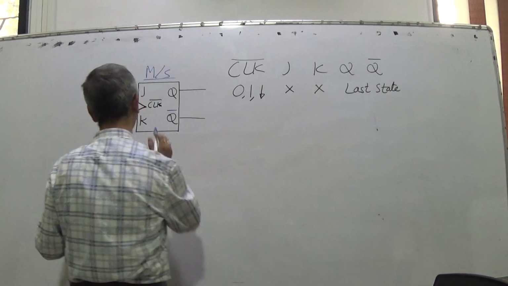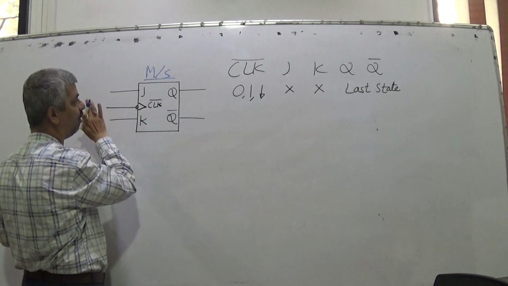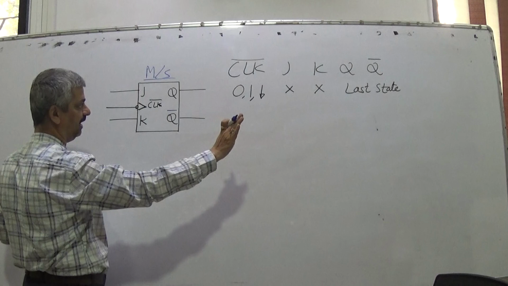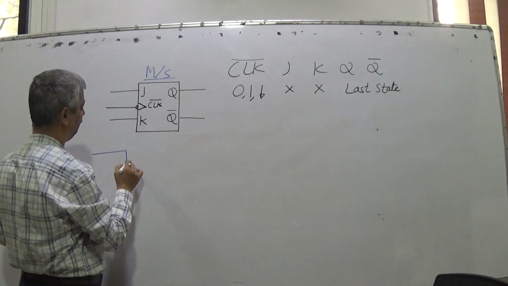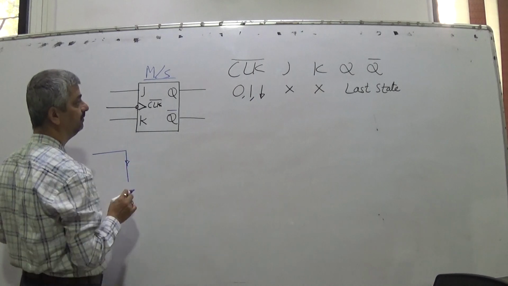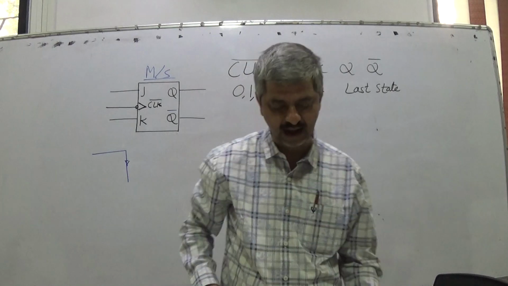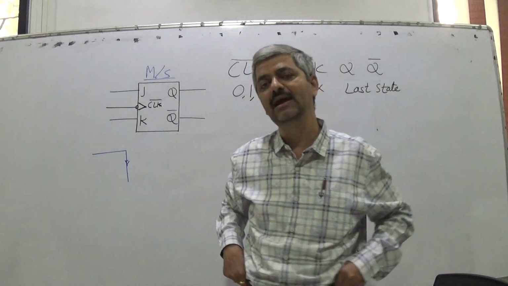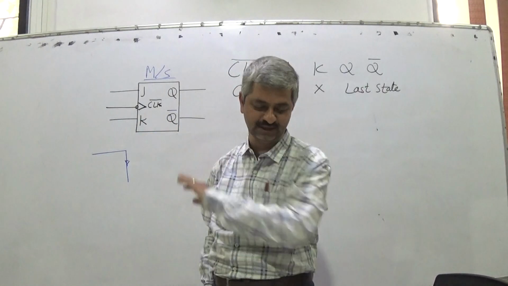So this J and K are not checked every time. These are checked only at the time of the rising edge. Only at the time of the falling edge of the clock do the outputs Q and Q bar change.